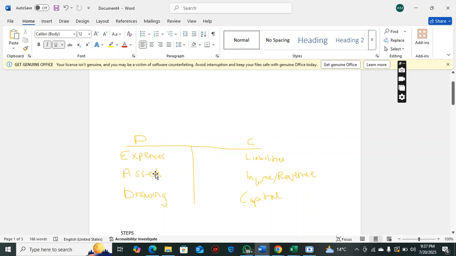Are we okay with that, colleagues? A contra account has the opposite double entry rules, because it reduces the named account. So if you ever want to reduce revenue, you have to debit it. So sales returns or return inwards is a contra revenue account, meaning it increases with debit.